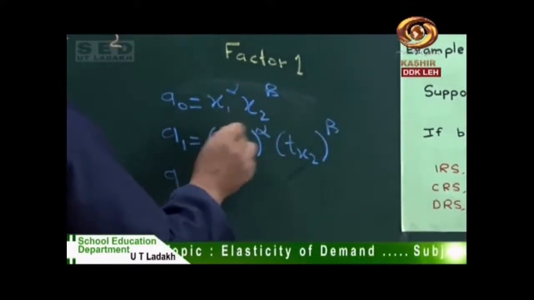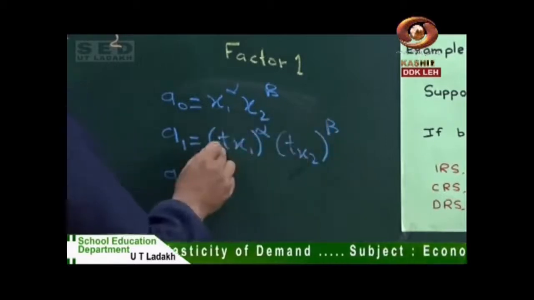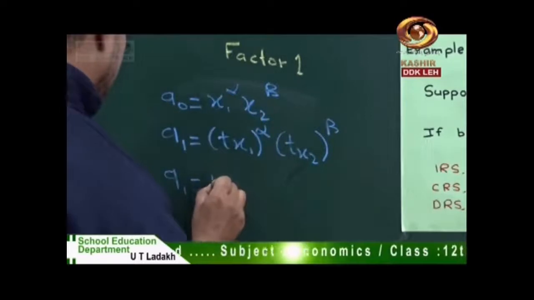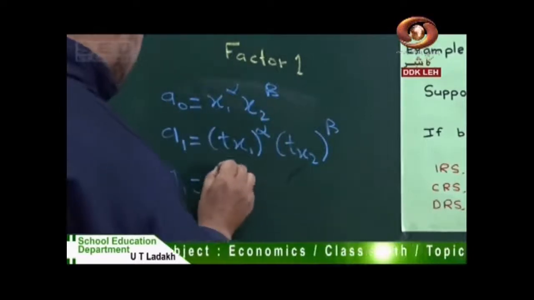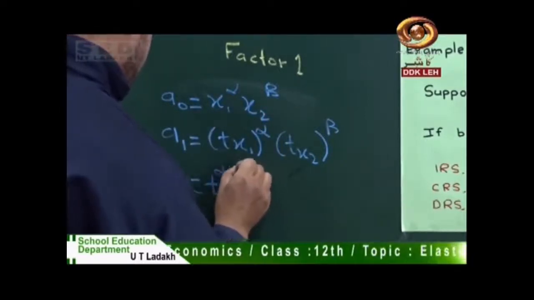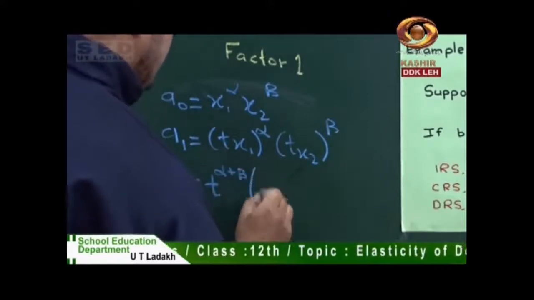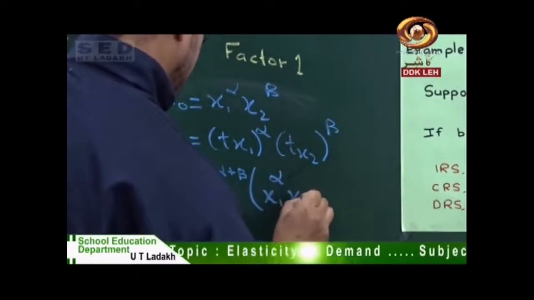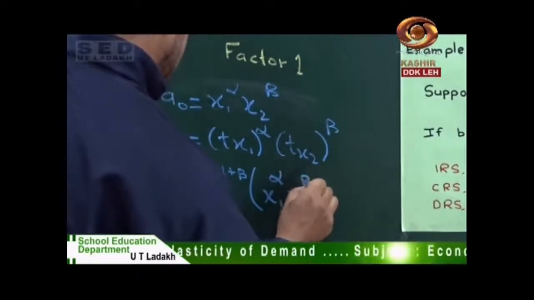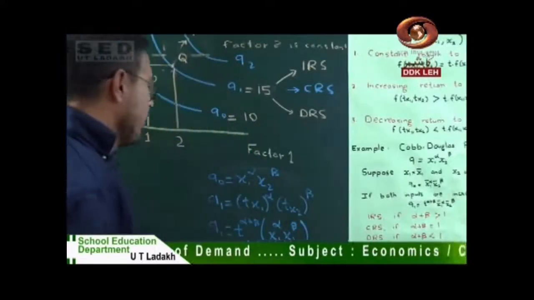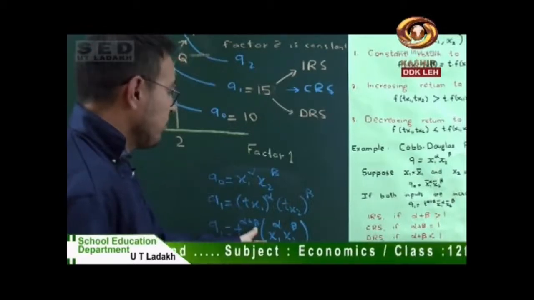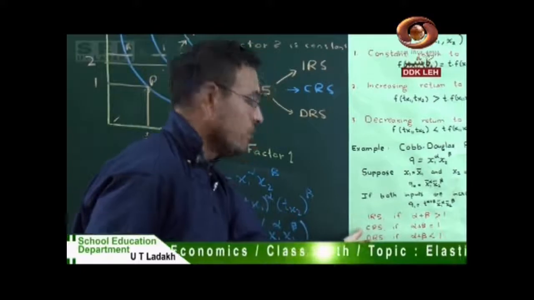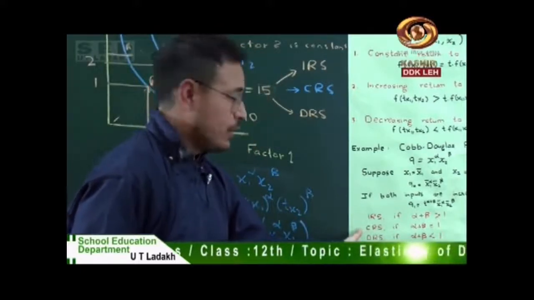Since both have the same base t but different powers, you can easily add the powers. So I'm just bringing it outside, t to the alpha plus beta, and within the bracket you have x1 alpha, x2 beta. Now in such a case, if the value of alpha plus beta is 1, we will be having constant return to scale.